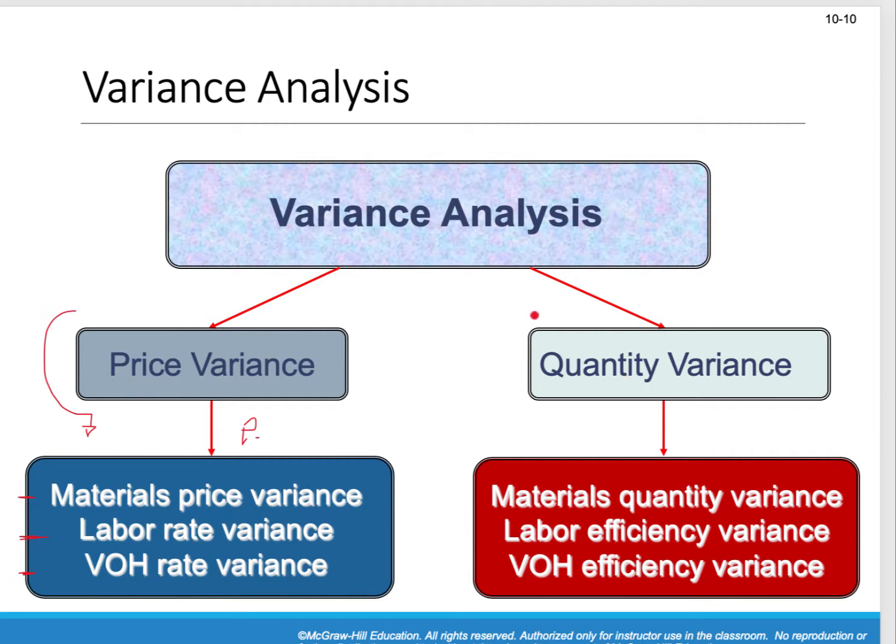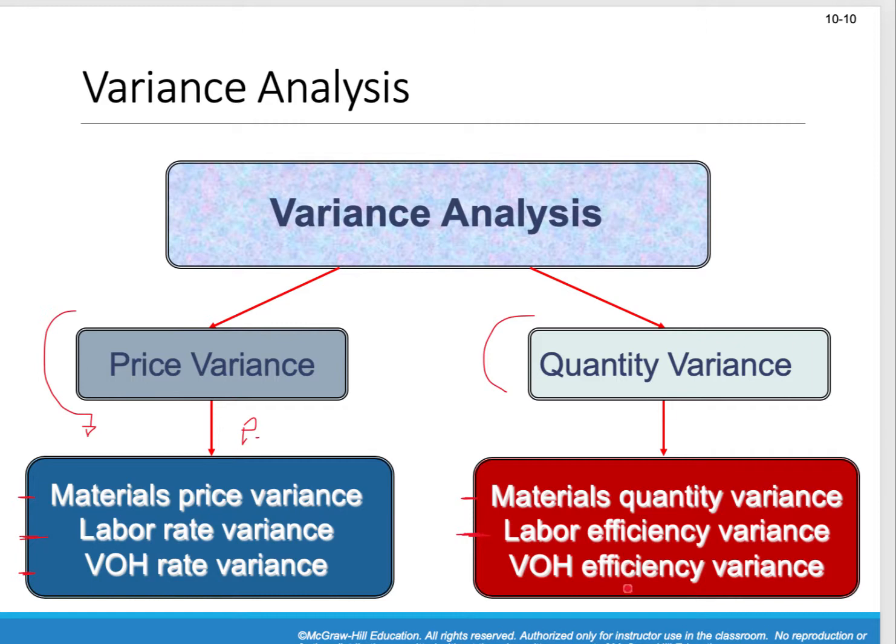Quantity variance is the same thing. For materials, we call it the materials quantity variance. For direct labor, we call it the labor efficiency variance. How efficiently are we using that labor? That's another way of saying what quantity of labor you are using.